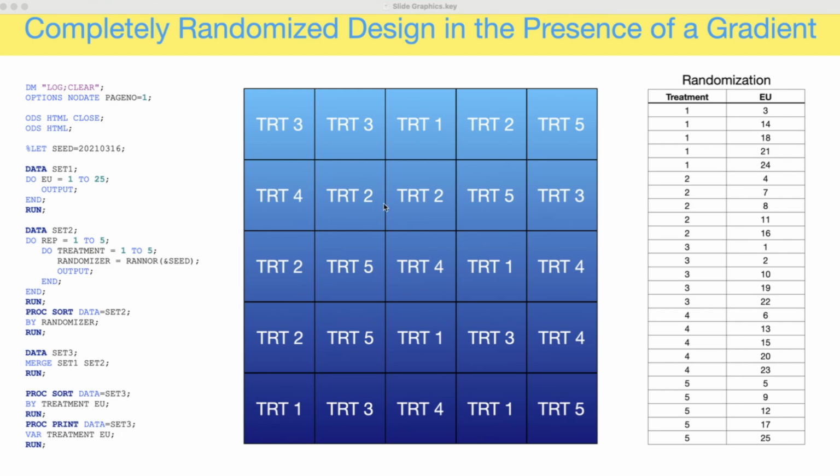On the other hand, for this experimental unit in the lower left that I'm circling, the effect on the response of receiving treatment 2 is influenced not only by that treatment, but also by the fact that the unit has a darker shade of blue. Perhaps this might be more fertile than up here, so that would have a positive impact, for example, on the response of a crop.